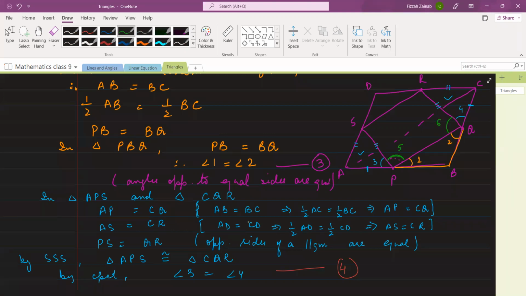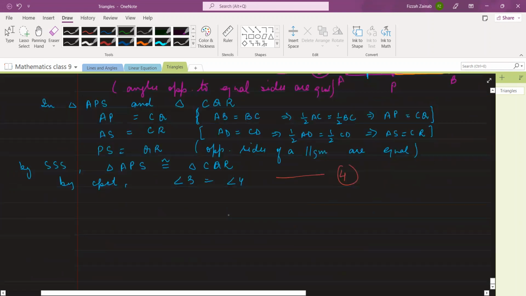There's a theorem that the consecutive or adjacent angles of a parallelogram are supplementary, right? So we can say that angle 5 plus angle 6 is equal to 180 degrees. I hope you are getting it.